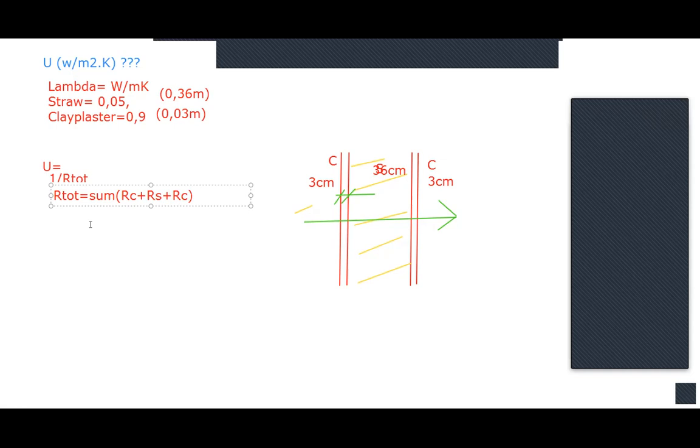And this individual R clay, for example, is distance divided by lambda. So when we do this distance divided by lambda, I get meters divided by watt.